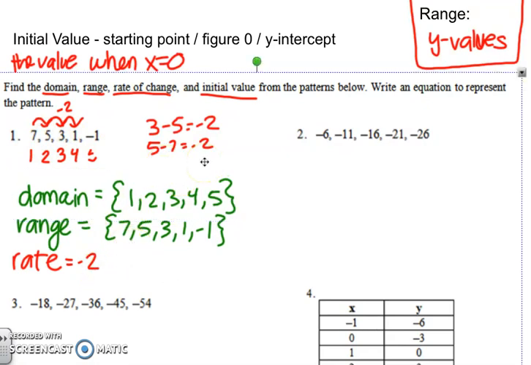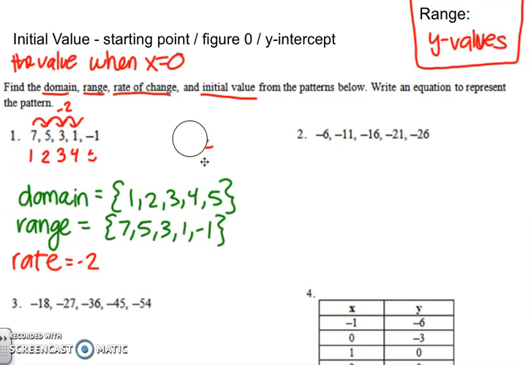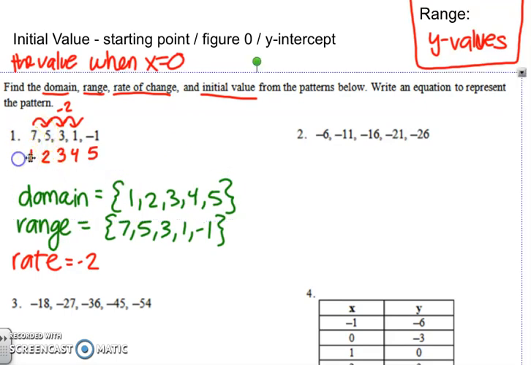All right, lastly, the initial value. So for initial value, you need to find the value when x equals 0, and I have when x equals 1. So I need to go backwards in my pattern, and since they were subtracting 2 each time, to go backwards, you're going to do the opposite and add 2. So 7 plus 2 is actually going to be a 9.